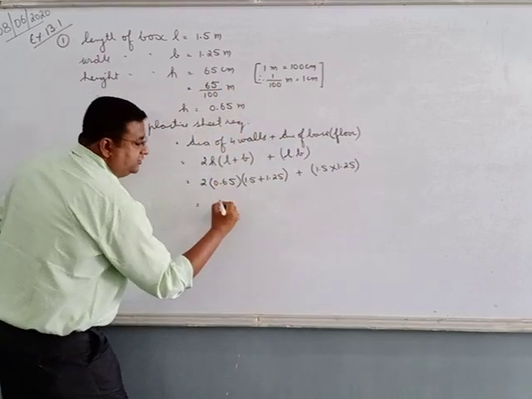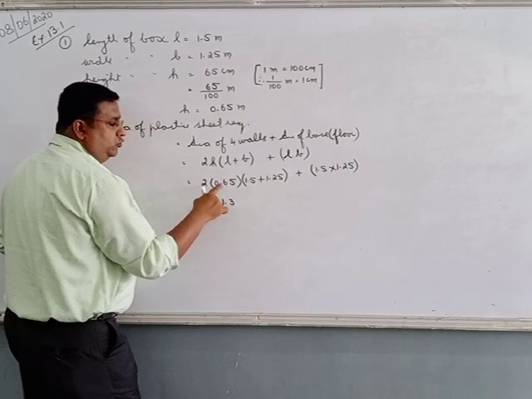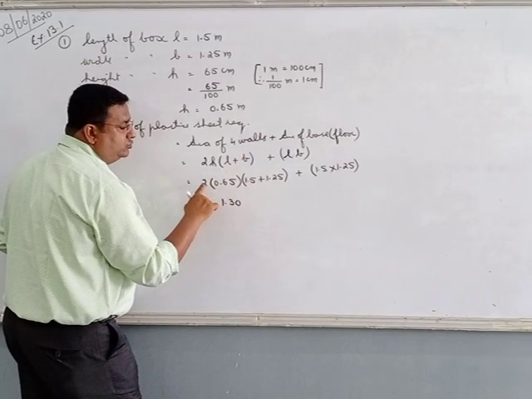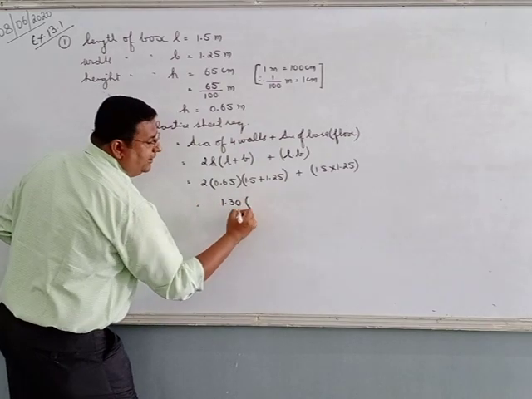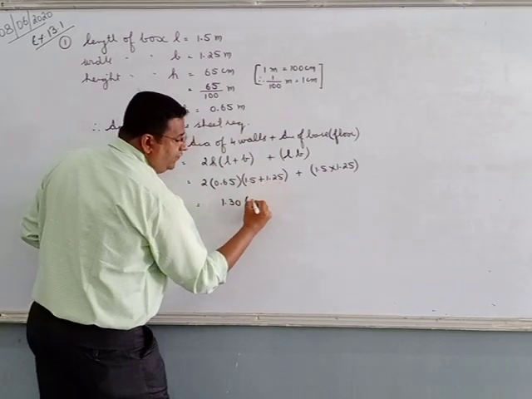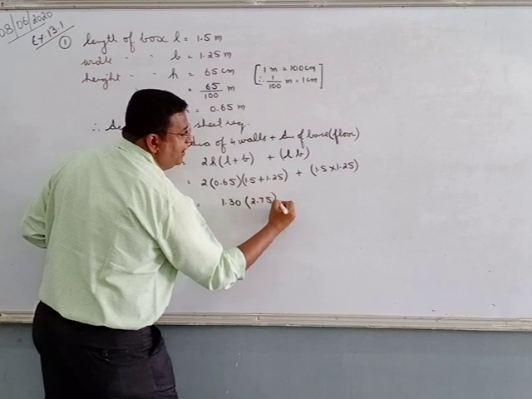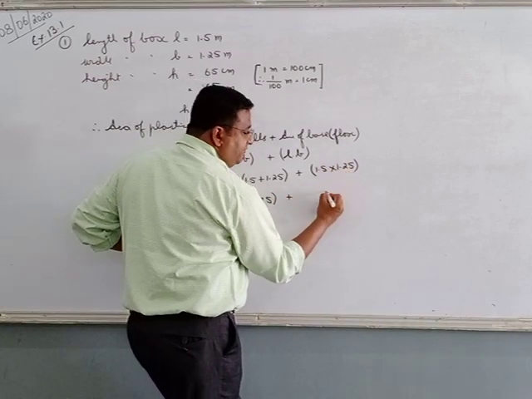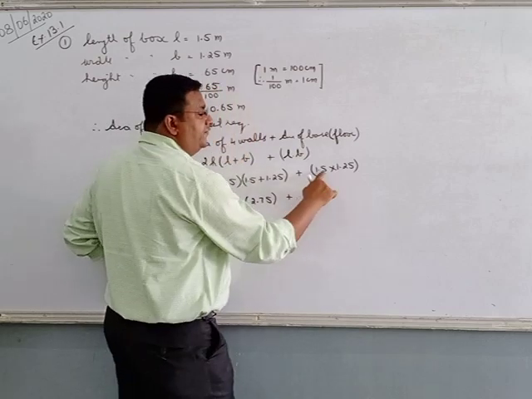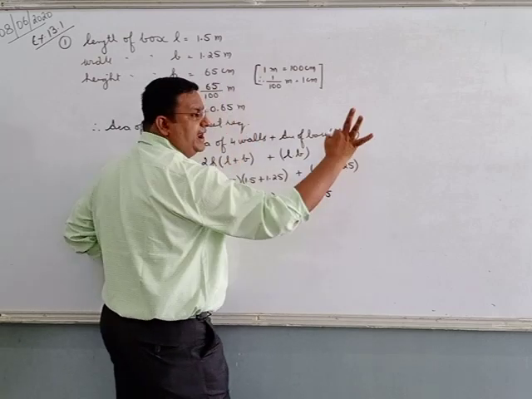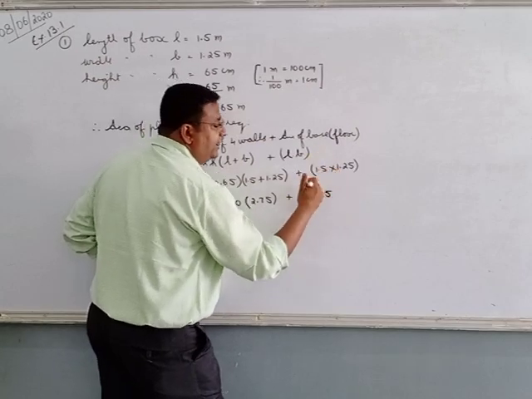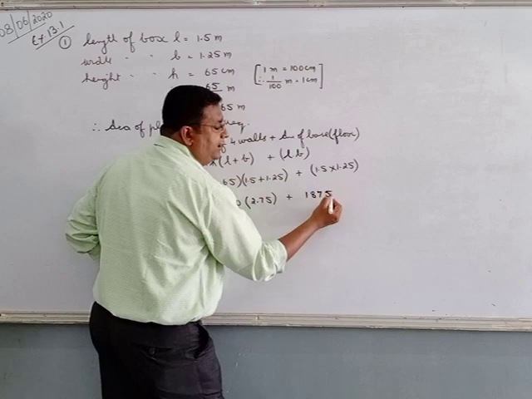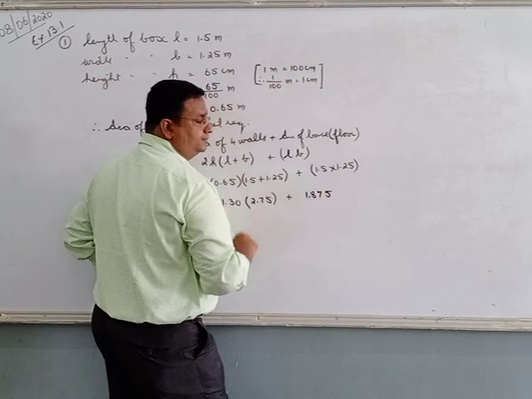2 into 0.65 is 1.3. Multiply that. 1.5 plus 1.25 is 2.75, plus 1.5 into 1.25: 15 5s are 75, carry 7, 15 2s are 30 and 7, 37, carry 3, 15 1s are 15 and 3, 18, and the decimal after 3 places gives 1.875.